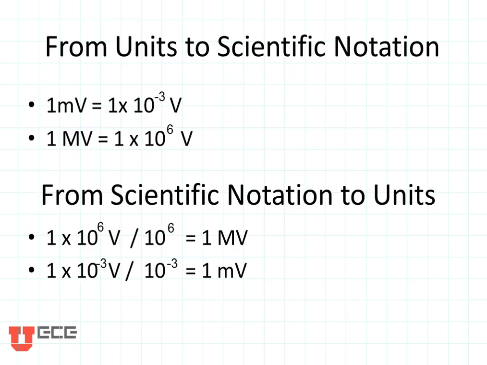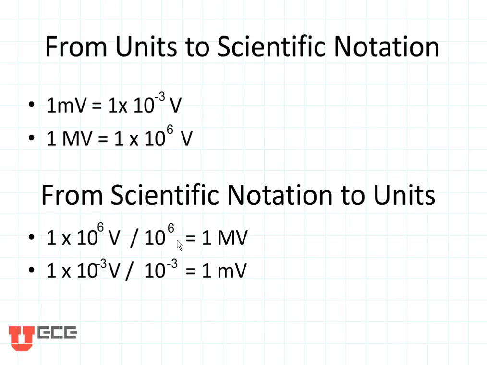When we want to convert from units to scientific notation, what we do is we take the unit that we want, such as milli, and we just multiply the value by the number that goes with milli. So, for example, 1 millivolt is 1 times 10 to the minus 3 volt. 1 megavolt is 1 times 10 to the 6 volt. If we want to convert from scientific notation back to units, we take our scientific notation value, let's say 1 times 10 to the 6th, and then we divide by the value associated with the unit we want.